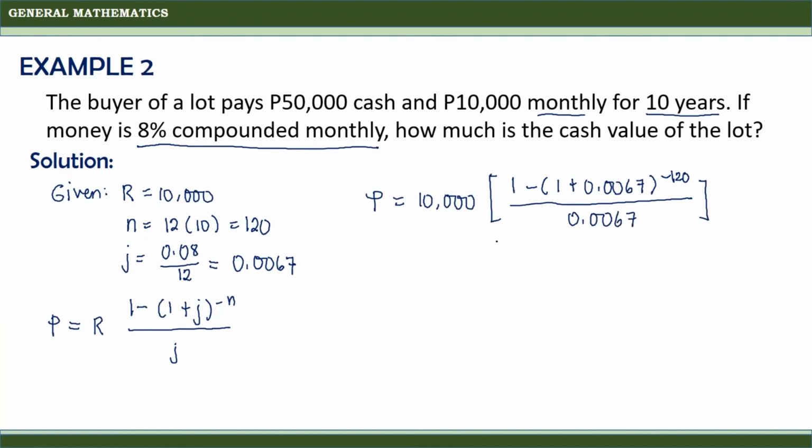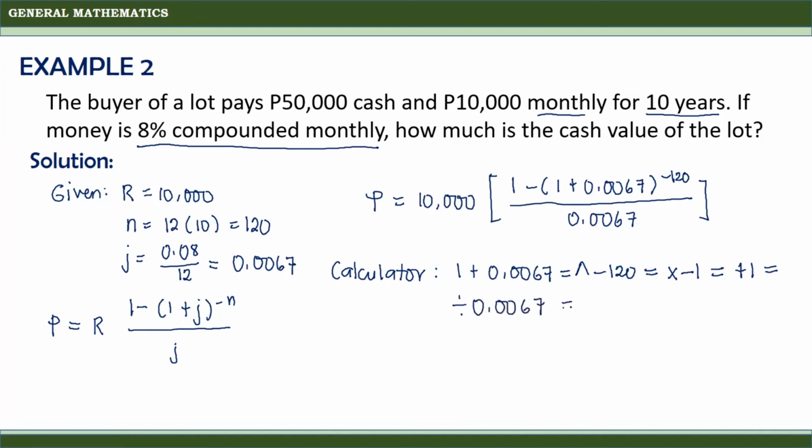To find its value using the calculator, what we need to input are the following. 1 plus 0.0067 equal sign, raised to negative 120, equal sign, times negative 1, equal sign, plus 1, equal sign, divided by 0.0067, equal sign, times 10,000, then equal sign.